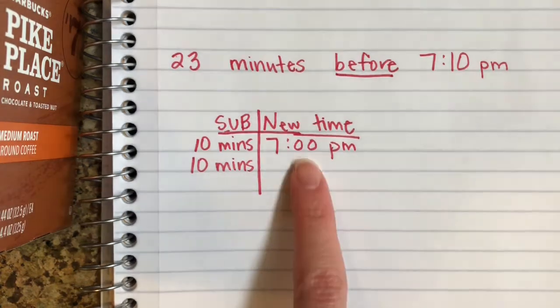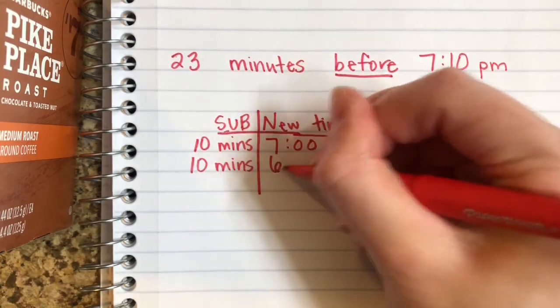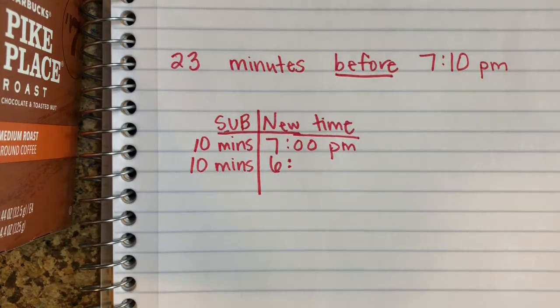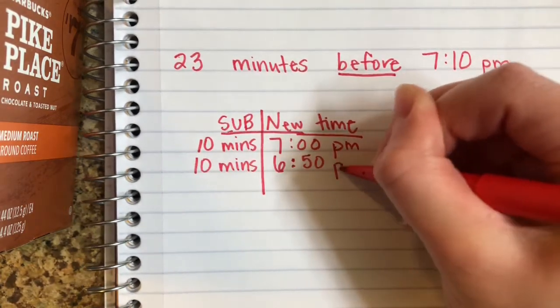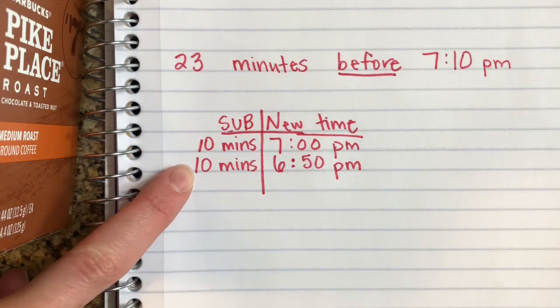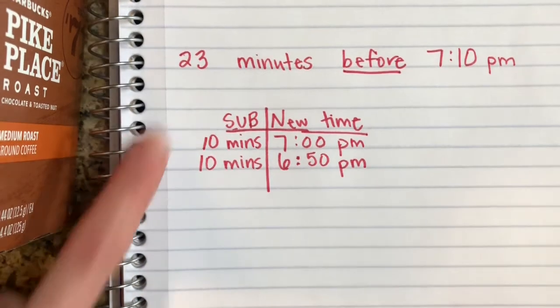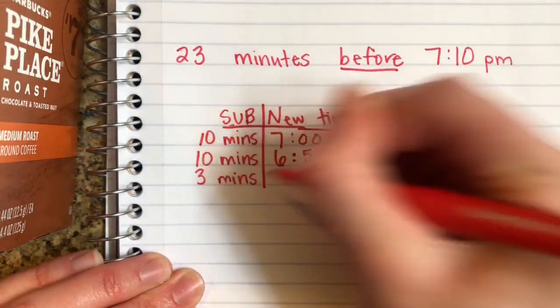If we take away 10 minutes from 7, we are going back an hour into the 6 o'clock hour. Same as the other problem, a new hour. We are taking 10 minutes away from here. We would be at 6:50 p.m. You go back and check. We have 10 plus 10 is 20. We are still missing 3 minutes that we have to take away.